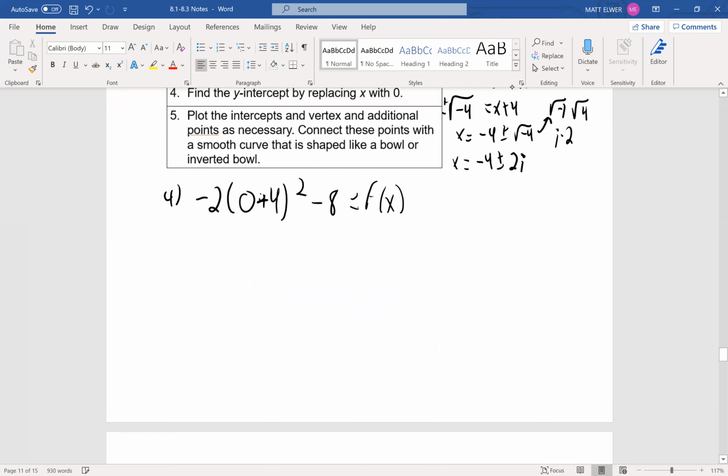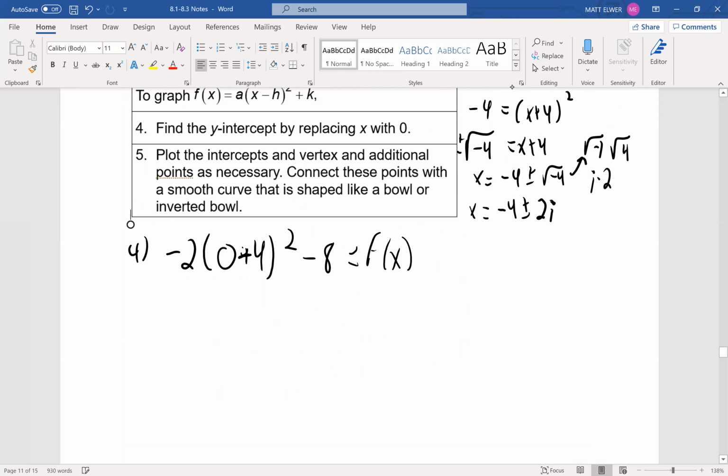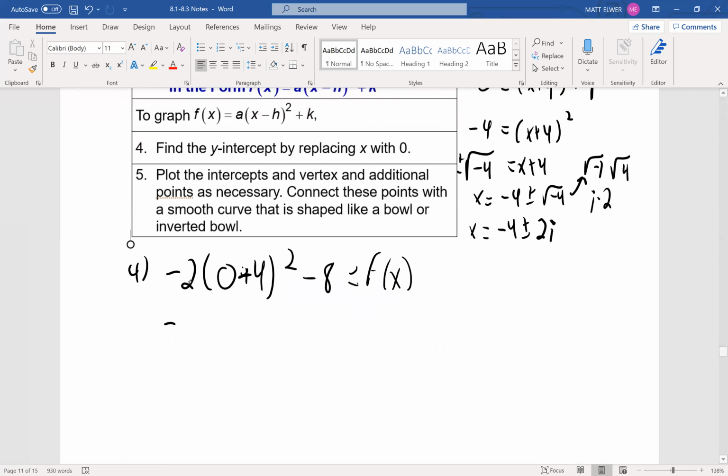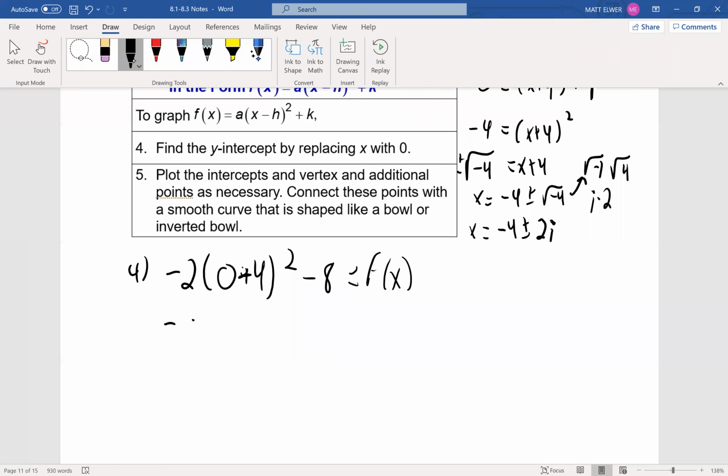So I've rewritten that, just substituting in 0 for x. So notice that we have -2 multiplied by 4 squared minus 8 is equal to f of x.